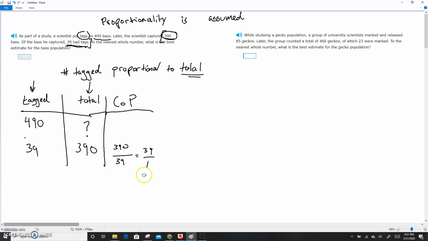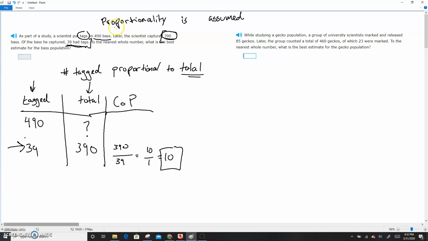Or I'm sorry, not 39 over 1. I did the math wrong. It gets us 10 over 1, or just 10. So we know that our constant of proportionality for this row is 10.